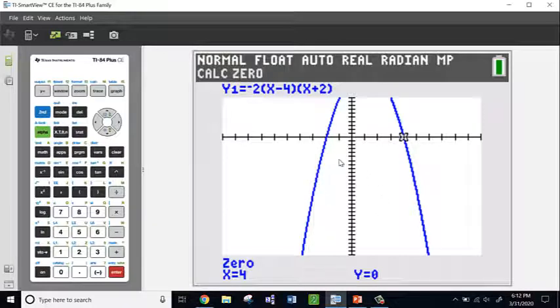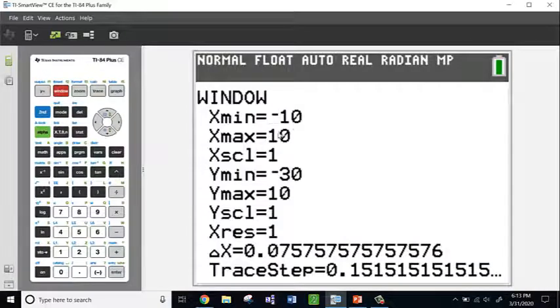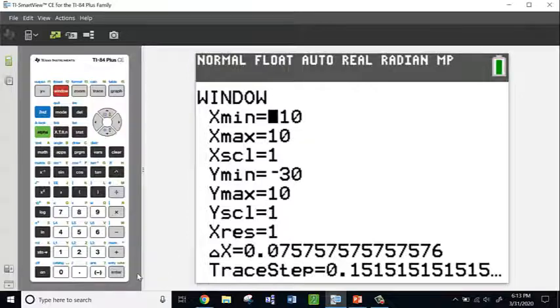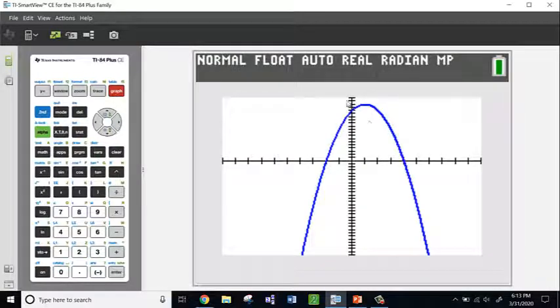Now I want to find that vertex, and that vertex happens to be a high spot. So I'm going to go ahead and change the window now again. It's the high spot that needs to be changed, and that's a max for my y value. So let's say I change it to 20 and hit graph. Now you can see that maximum point.